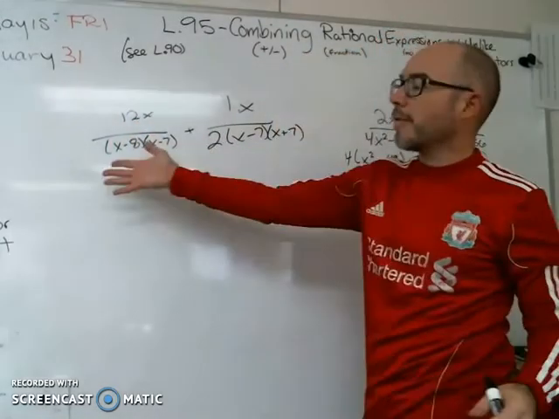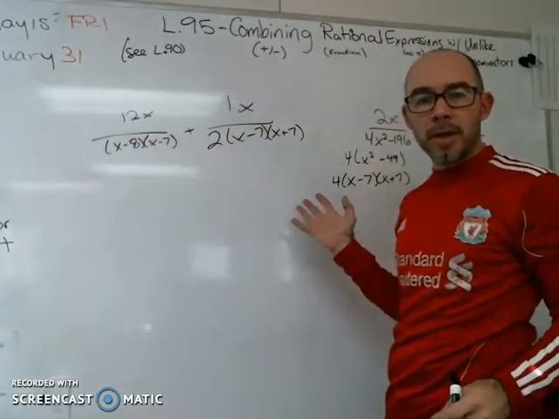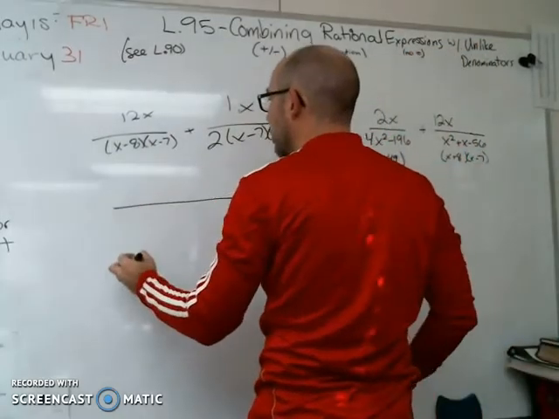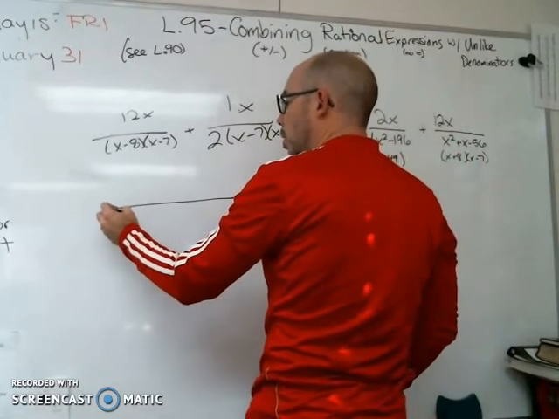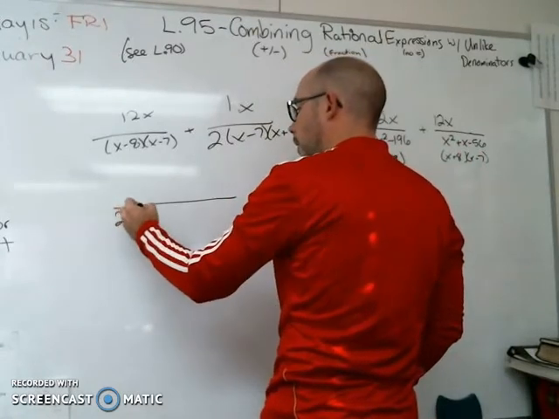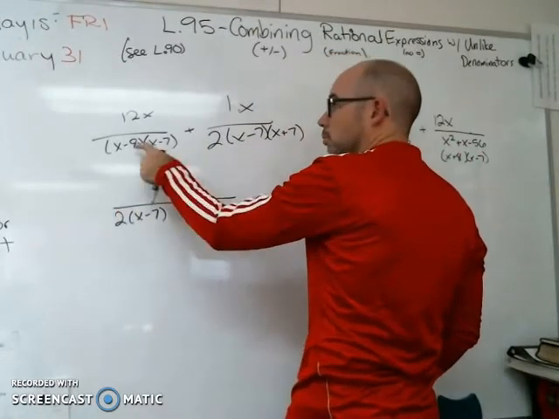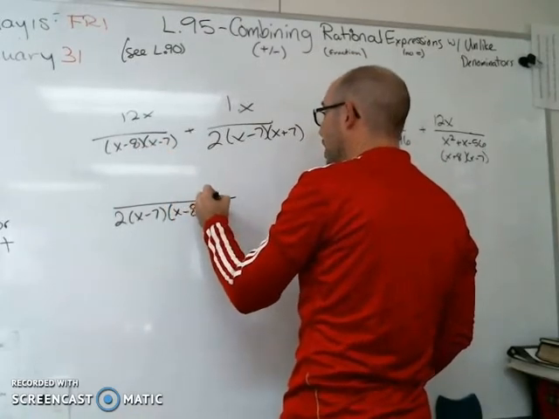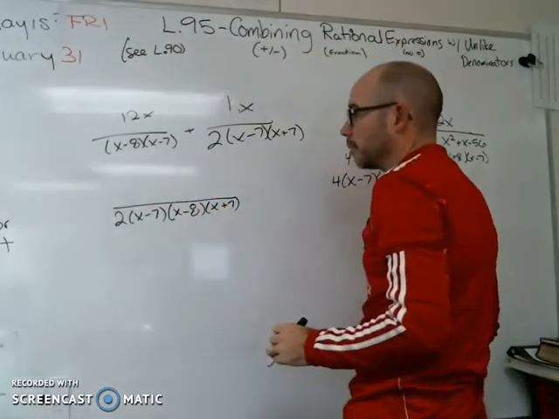Now we look at all this stuff and we've got to collect up all of the denominators so that we have a least common denominator, or lowest common denominator. All the factors here now are 2, an x minus 7, it's in both of them, an x minus 8, and an x plus 7.